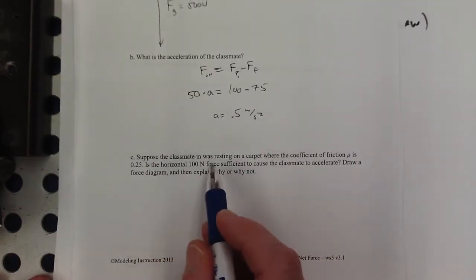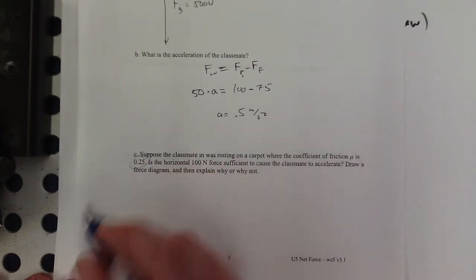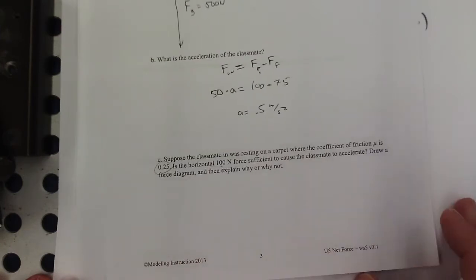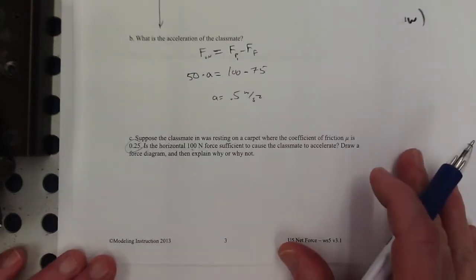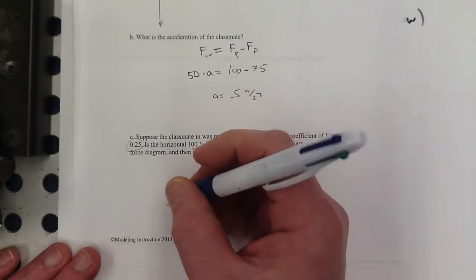Suppose the classmate was resting on a carpet where the coefficient of friction is 0.25. Is the horizontal force of 100 newtons enough to get them to accelerate? Well, let's see. Quick resketch of the force diagram.